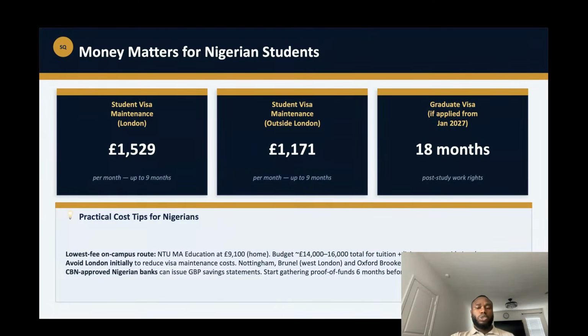Now, when talking about tuition fee, there are also three things that students have to be concerned about. One is how much does the school charge for their tuition deposit? Because this varies, depending on the school you're applying to. The second thing is, after paying the tuition deposit, how is the payment of the remaining tuition going to be?